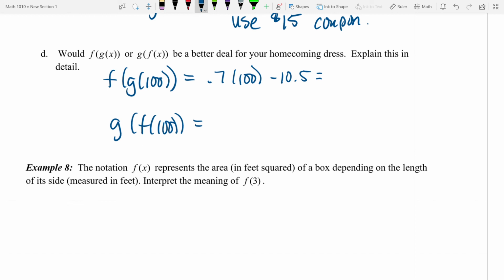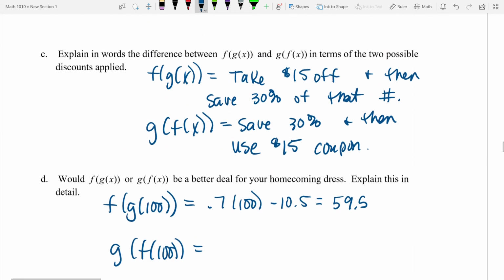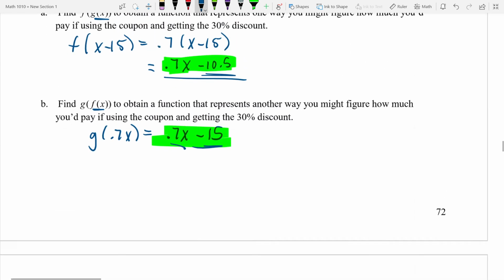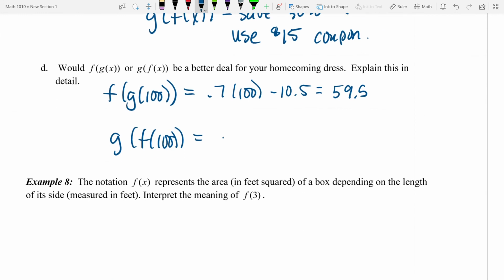That's going to be $59.50. This one right here is going to be 0.7 times 100 minus 15. And that's going to be 55. Okay, and that's it. Which one's better?